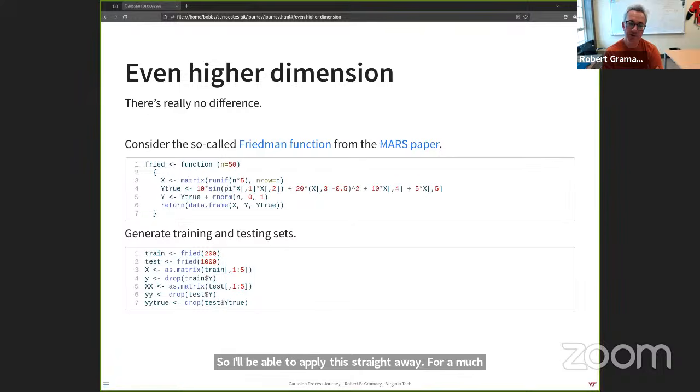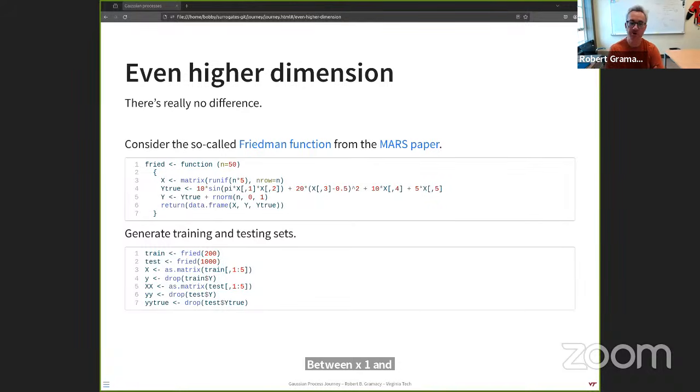This example that I'm going to show you now is going to be in 5D, although you can do it in other dimensions. It comes from the Friedman function. So this is a function made up by Jerry Friedman for his Mars paper. It's a nonlinear function of a 5-dimensional input where there's an interaction between x1 and x2 and a sinusoid involved. There's a quadratic term.